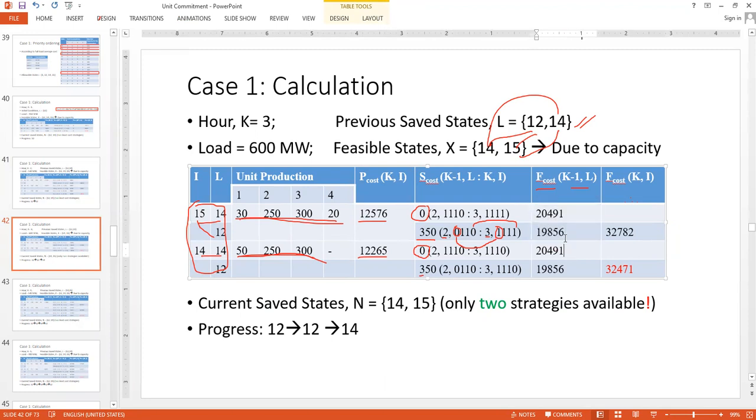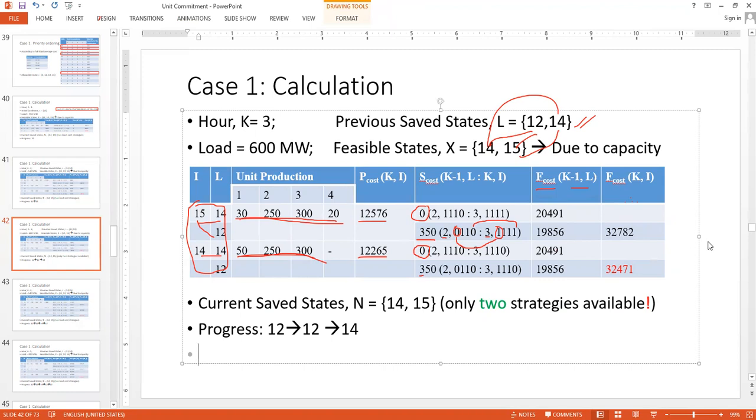Once you get these two, if you add up, you see that this one is the lower one among these two. Now you only have 2 strategies available, so you simply store them. Progress, which one is lower? You don't have state 12 anymore, so your state 14 is the winner.